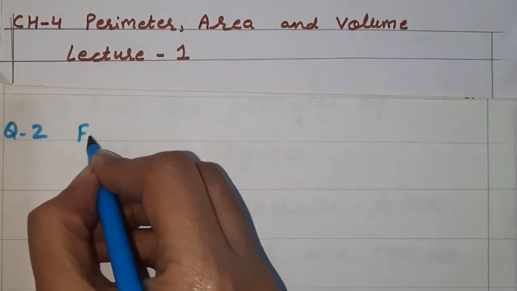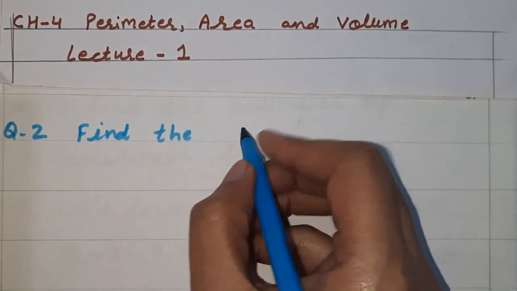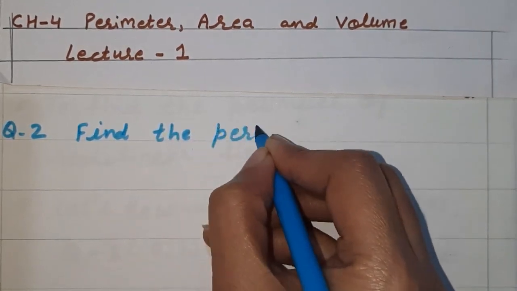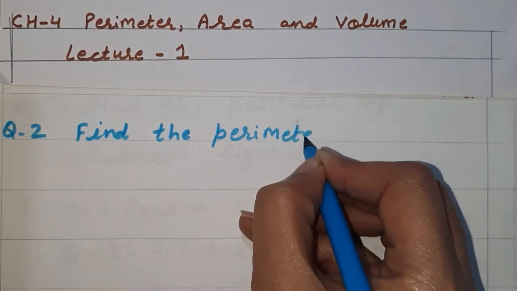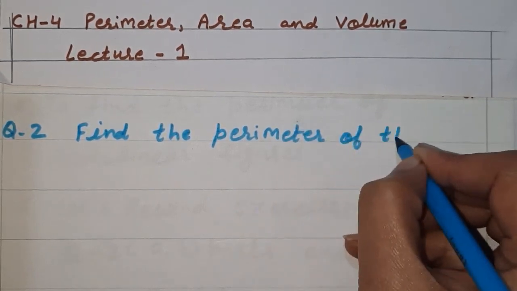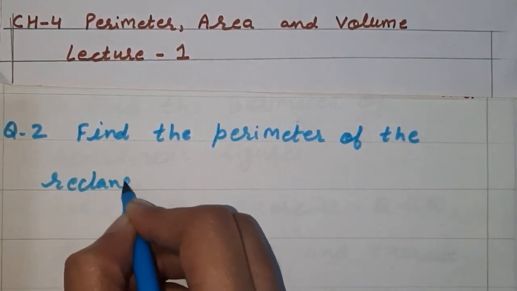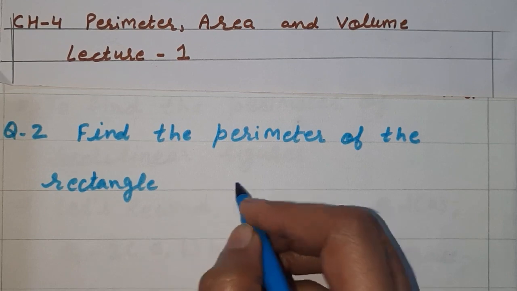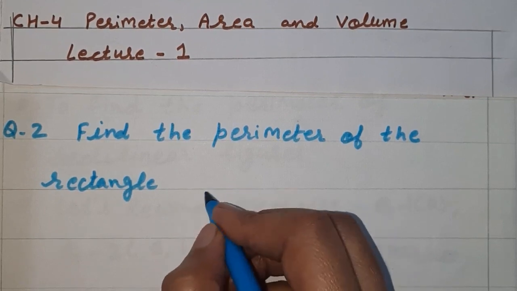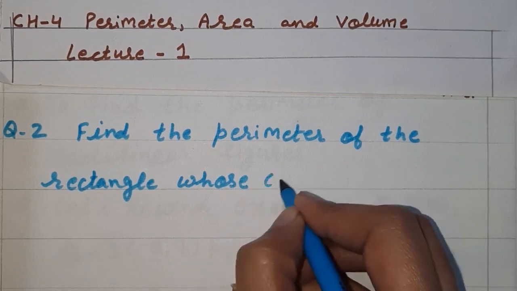Find the perimeter of the rectangle whose, A part we are doing.